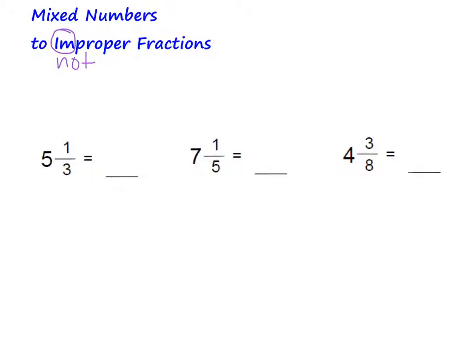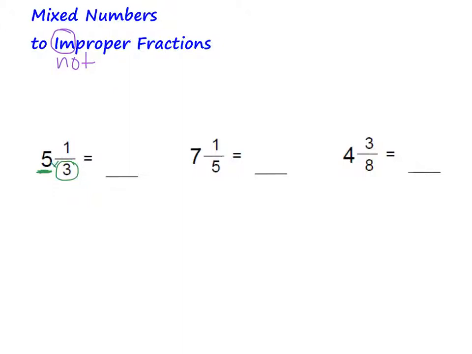So if we think about this and take a look, the denominator on this first problem is 3. That means everything has been cut into 3 equal slices. So when we look at the 5 out here in front, that means there's 5 whole pizzas, and each of those pizzas has been cut into 3 slices.